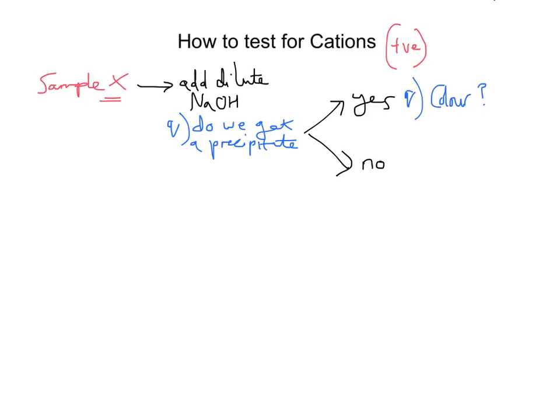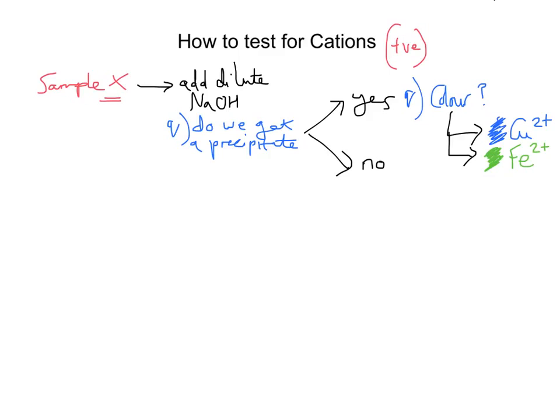Now, if the colour is blue, then what that means is we've identified copper 2+. That's the ion that we have, Cu2+. If the colour is green, then the ion that we've been able to identify in this case is iron, Fe2+.